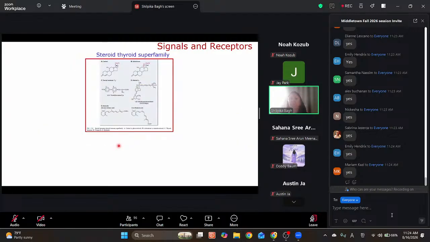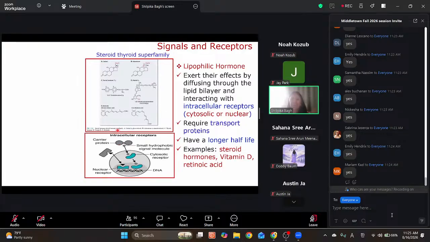Let's go next. How do you complete it? Now, is this using plasma membrane or intracellular receptors, the steroid thyroid superfamily? It's using intracellular receptors. So would steroid thyroid hormones use heptahelical receptors? No. So who will use heptahelical receptors?